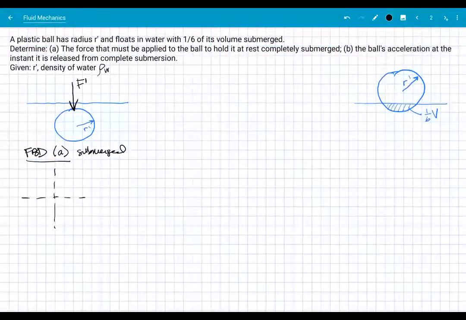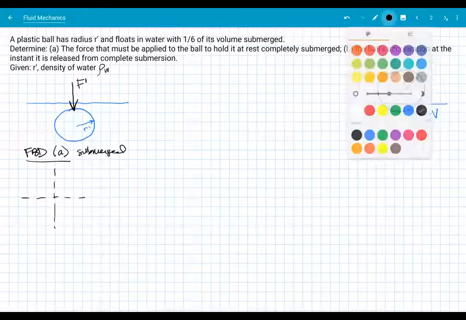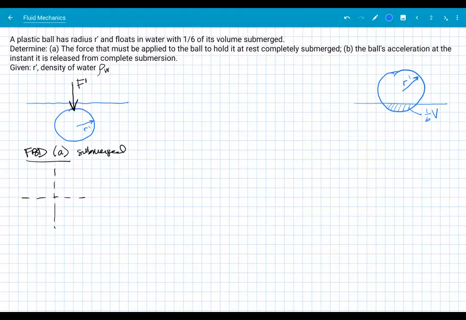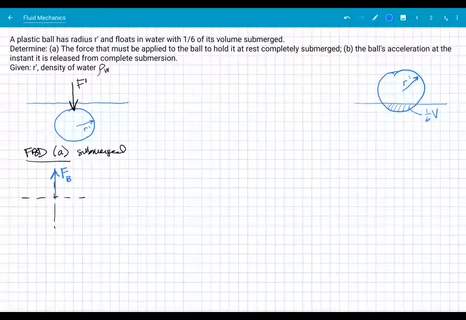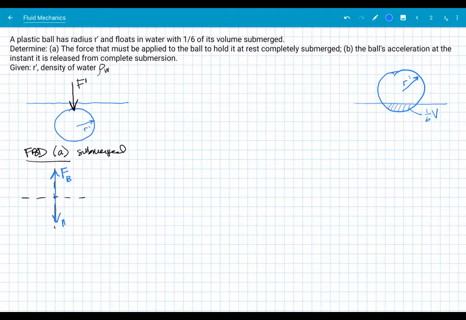And we can represent that. So what are my forces here? Well, I'm very excited to use the buoyant force. This is my new thing called the buoyant force. So there's this upward force, which is the buoyant force. And then downward, I have the weight of this ball, whatever that is.